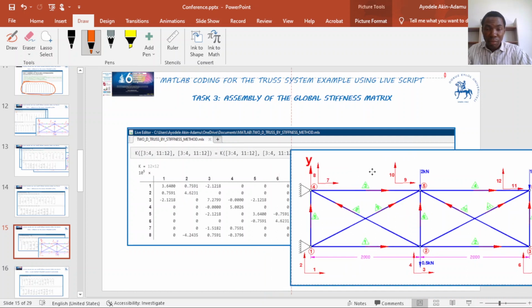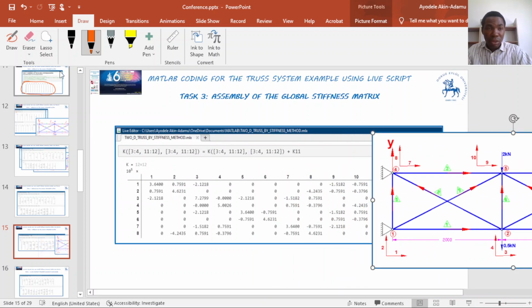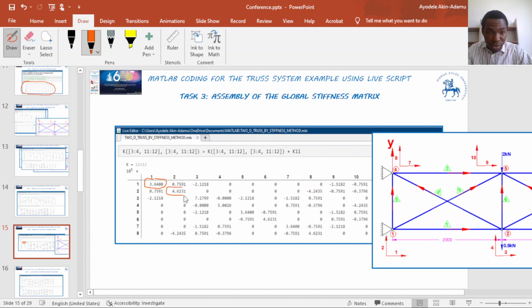That means we need to add a large stiffness at 1,1, 2,2, 7,7 and 8,8 positions. So we need to modify this value by adding a large stiffness to this position.